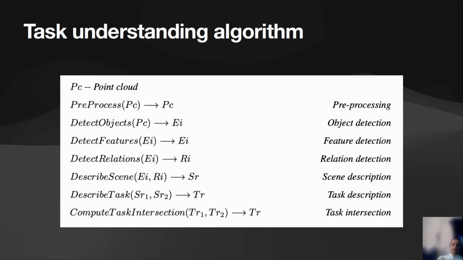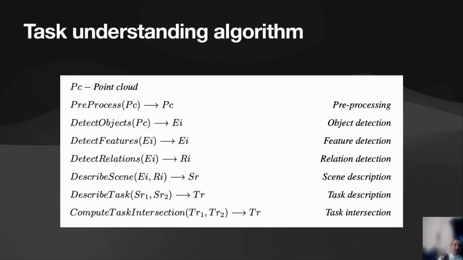Then I have a routine for detecting objects by means of Euclidean clusters. Next comes detecting features in objects. When I have detected objects, I have a point cloud for each object, and I analyze those further to detect their features.